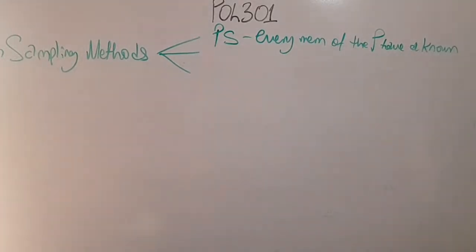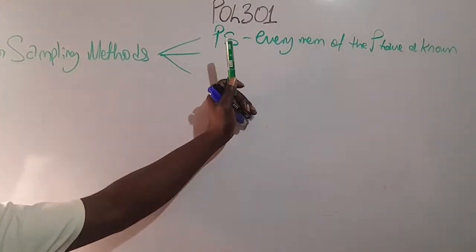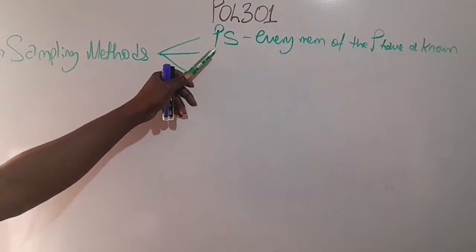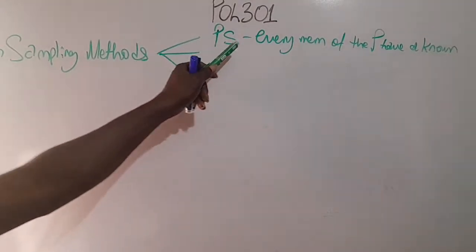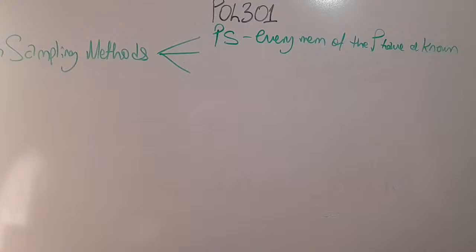Cluster or area sampling is when the researcher realizes that the population sampling is a bit much, so instead of stratifying them, putting them in layers or levels, you just do what we call grouping. So cluster or area sampling is the sampling technique that uses grouping as a strategy. Now under sampling methods, we have been able to dissect some methods under probability sampling. So now let's go to the next one.